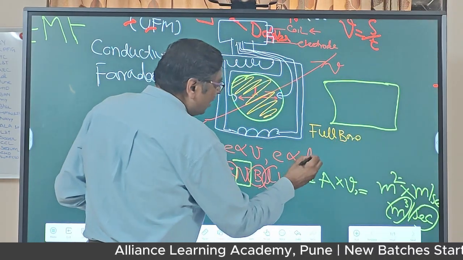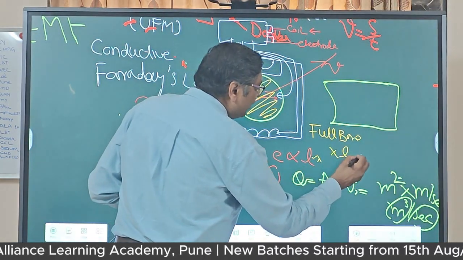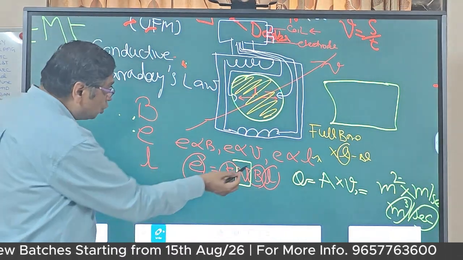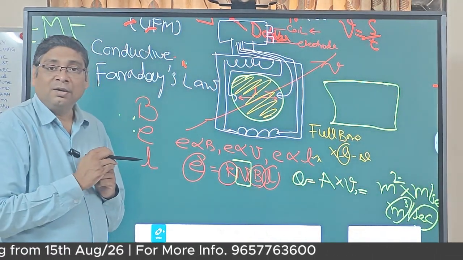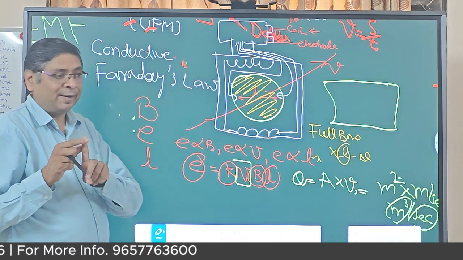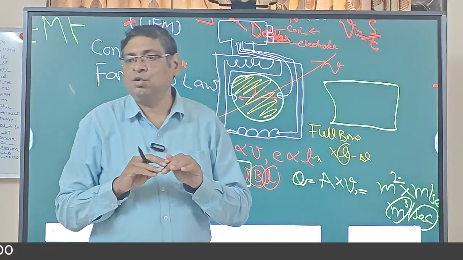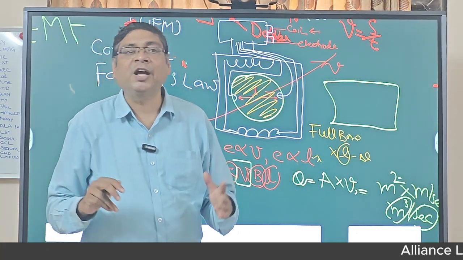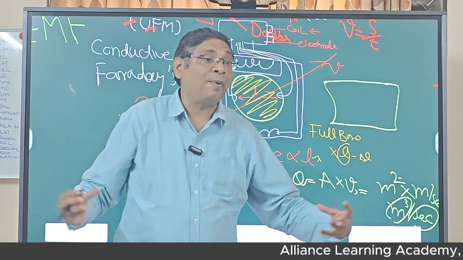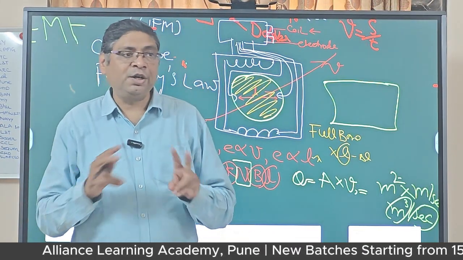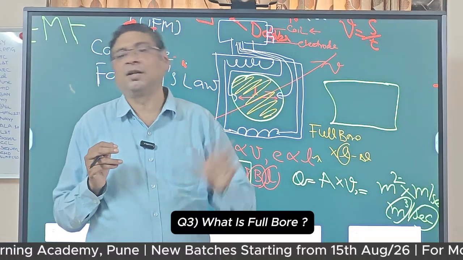Because that L cannot be L minus delta L. It should always be L, because this L is used in this formula. So if my pipeline is not 100% full, then also I cannot use an electromagnetic flow meter. In that case we have to do some modification in the pipe, so that my pipe is always full of water. There are only two problems, otherwise it's done.